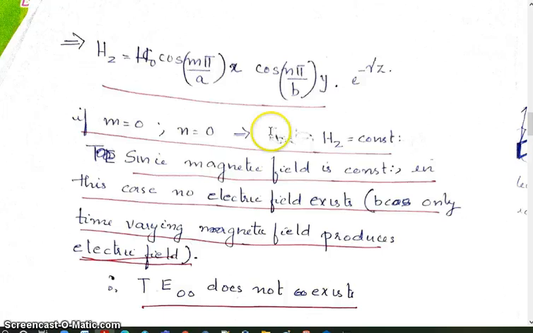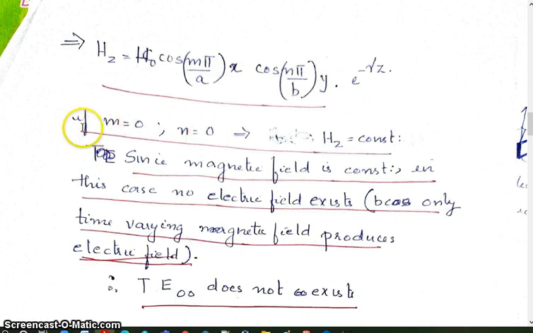If this Hz value is a constant, the field is not time varying, and hence there is no electric field. Therefore Ez is equal to 0 for the condition m equal to 0, n equal to 0.